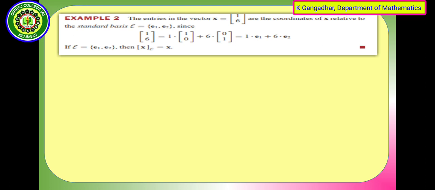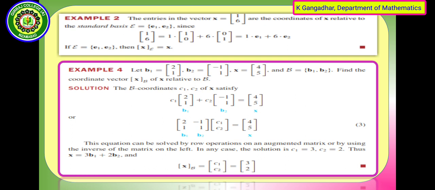The standard basis of R2 means e1, e2, whose values are (1, 0) and (0, 1). So 1 times (1, 0) plus 6 times (0, 1), that is 1 times e1 plus 6 times e2. So here the x value is (1, 6). If the given basis is the standard basis, then the coordinate vector of the given vector is the same vector.